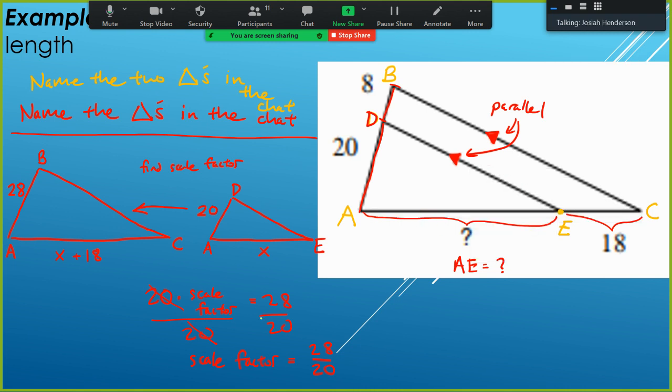Okay, reduce the fraction if you can. Because they're both even, that means we can cut them in half. So 14 over 10 and 7 over 5. So that's the one we'll use. That's the most reduced version. So our official scale factor to go from small triangle times it by scale factor to get to big is 7 over 5.